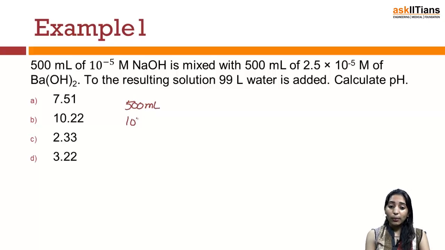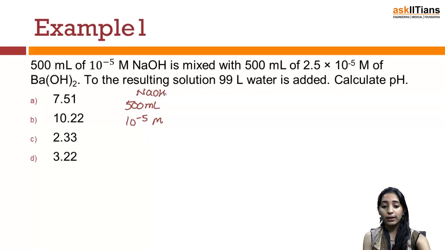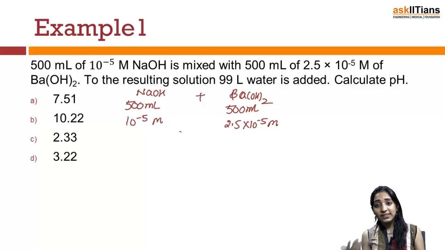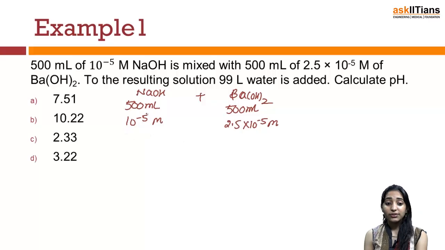We are given you have 500 ml of 10 to the power minus 5 molar NaOH solution and you are mixing it with 500 ml of 2.5 into 10 to the power minus 5 molar Ba(OH)2 solution. And to this resulting solution, we are adding 99 liters of water. So let's first of all find the number of moles of OH minus which will be contributed by both these two solutions.